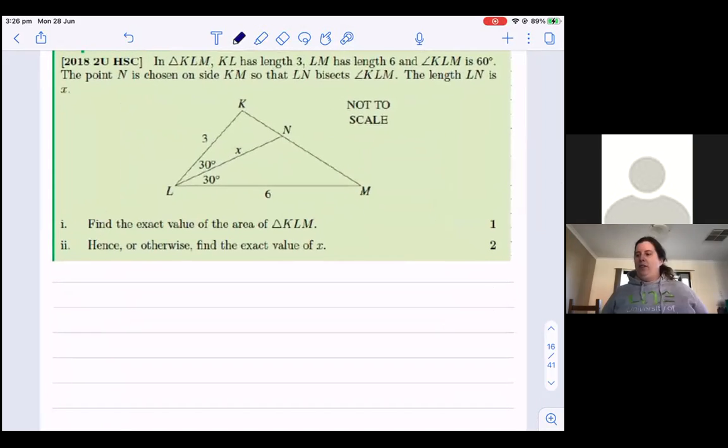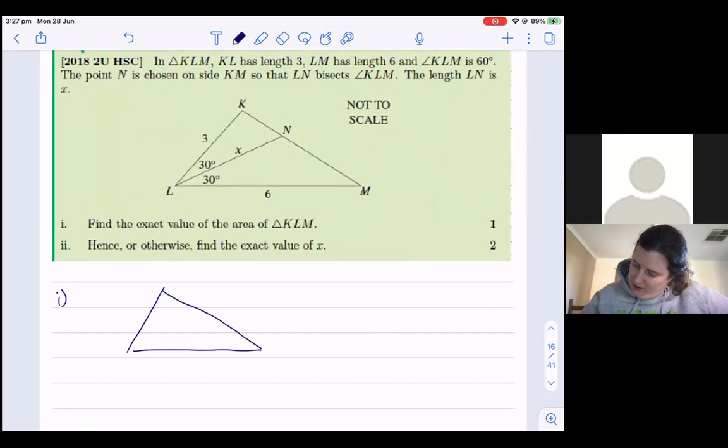Okay, triangle KLM. KL is that length, LM is that length, that angle is that, and so on. Bisect just means the angle's cut in half. We want to find the exact value of the area of KLM. So let's draw this a bit more simply. We know this is 60. We know this is 3. We know this is 6.